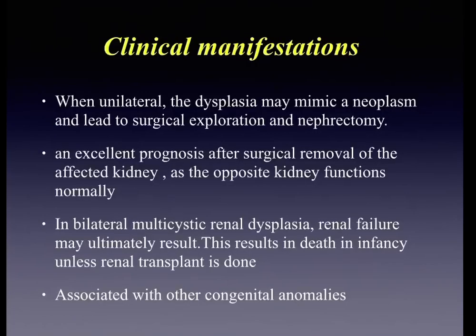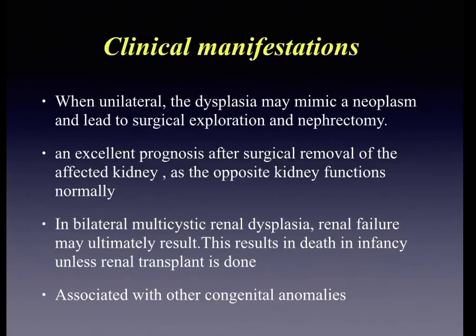So how exactly do these patients present? They can mimic a neoplasm, and if it is affecting a unilateral kidney, then it has excellent prognosis after surgical removal of the affected kidney, whereas in case of bilateral multicystic renal dysplasia, renal failure may ultimately occur.